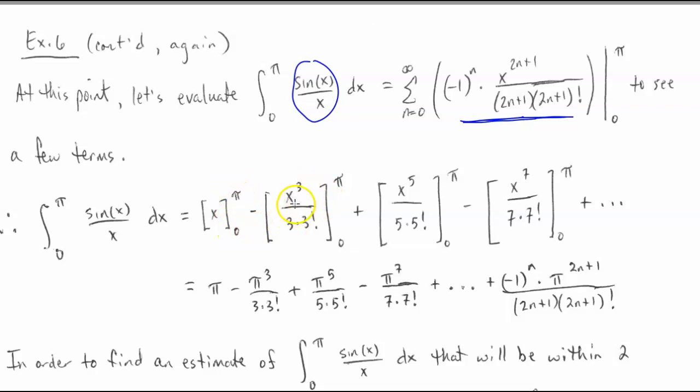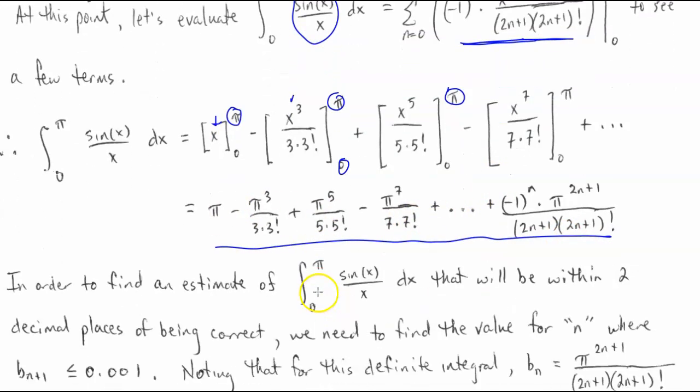The next term, x cubed divided by 3 times 3 factorial, would have to be evaluated from pi to 0, so on and so forth. Okay. So, of course, anytime I plug in 0 for any of these terms, it's all going to end up being 0. So really, all I'm concerned about is what happens when I plug in pi for my variable x. And so we see that we end up basically having a polynomial that looks like this if we were going to express the first n terms of it.